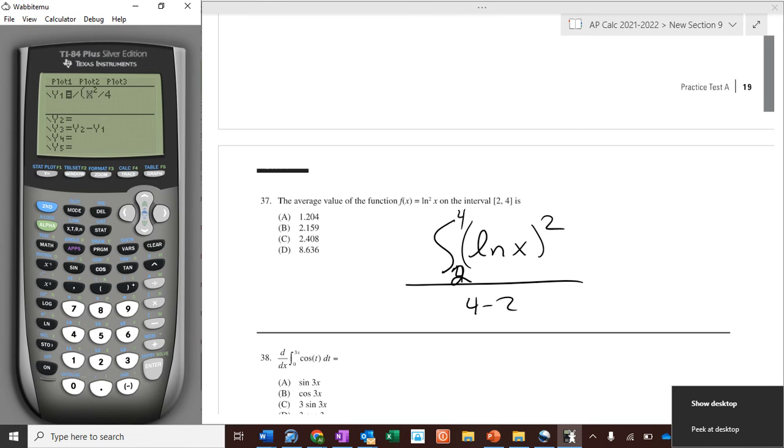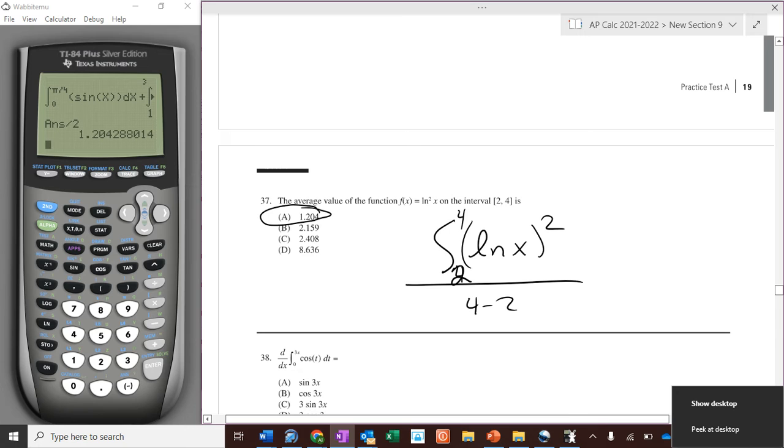Then you go parentheses, the ln of x squared, graph it. Go second trace 7, go from 2 to 4, and then divide that answer by 2. Okay.